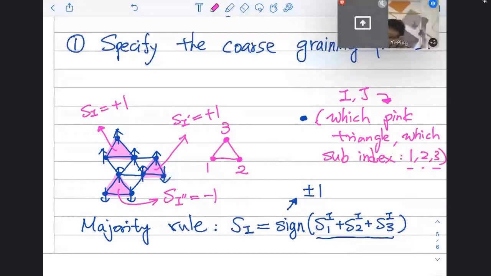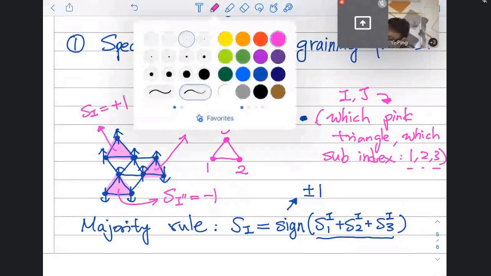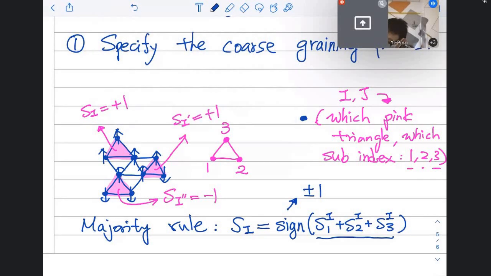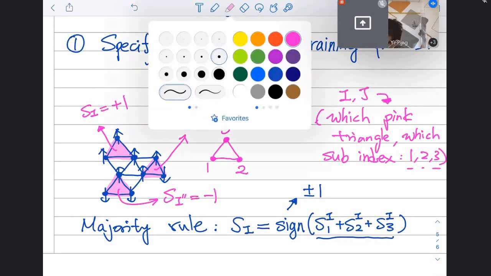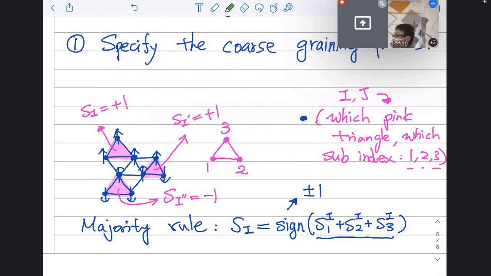The question is, if I pick a little spin, this blue spin, will it belong to two different pink triangles? The answer is no, because you need to choose your pink triangle wisely. For example, let me draw a green one, which is the wrong choice of pink triangle.